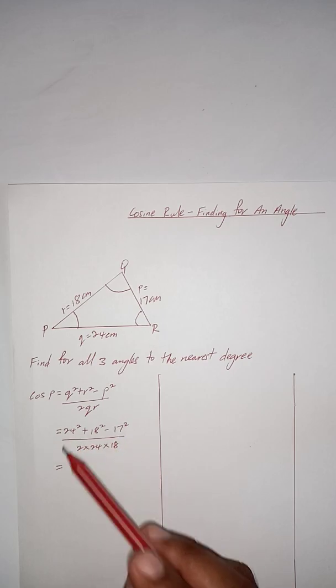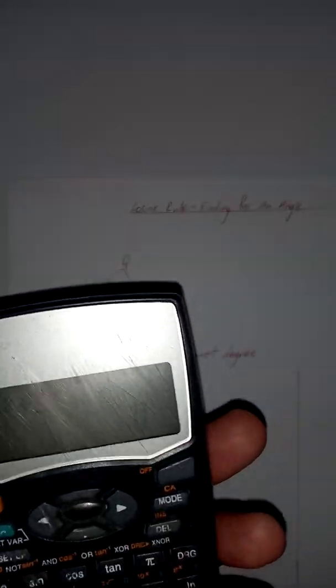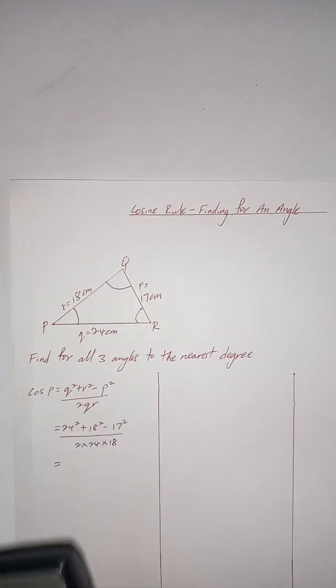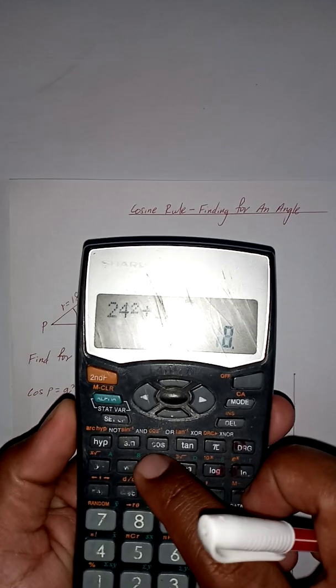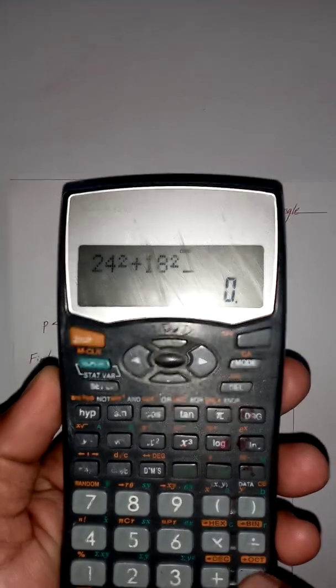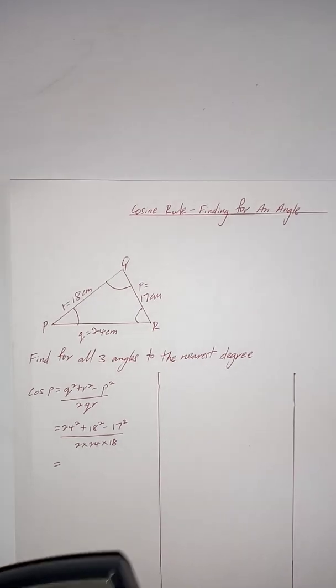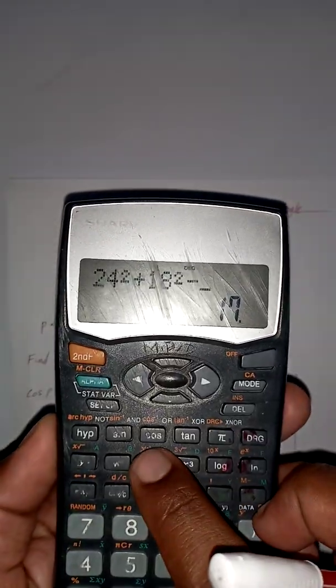So we can enter 24 square plus 18 square, then subtract the final one, 17 square.